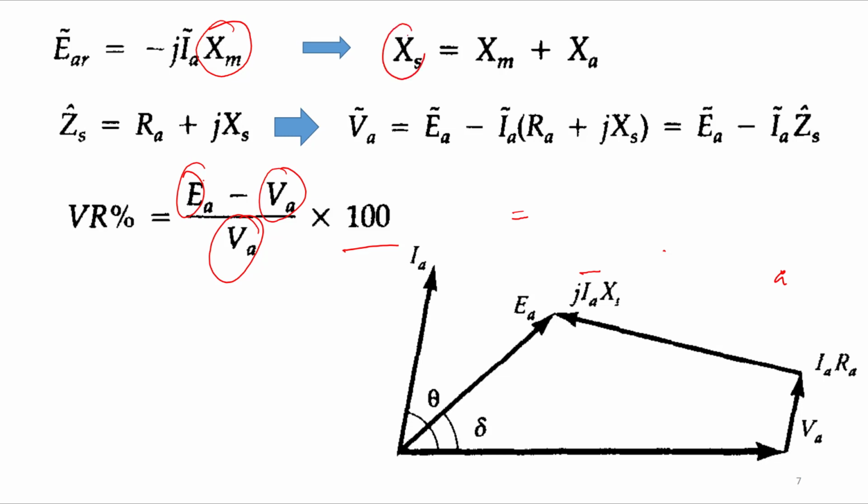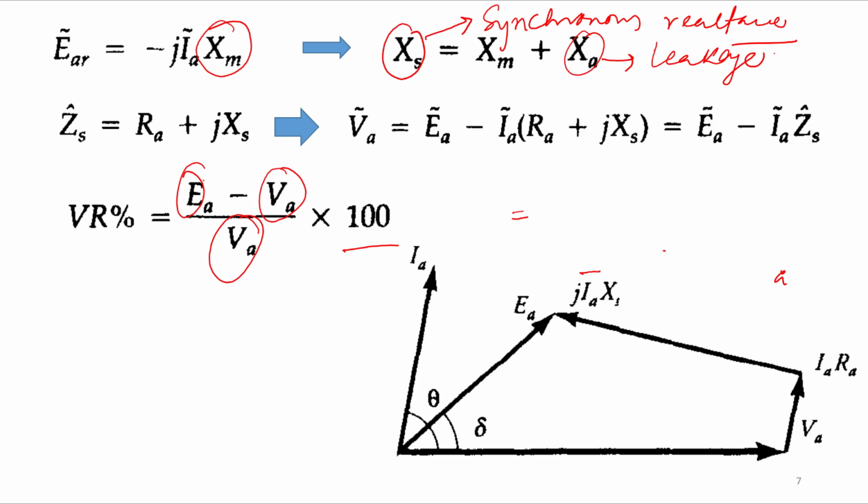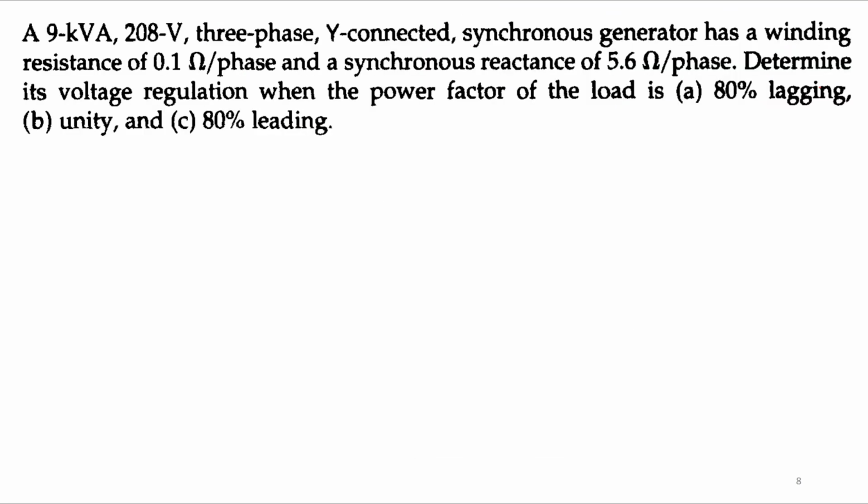And XS is sometimes known as synchronous reactance, and XA is your leakage reactance, and XM is your magnetizing reactance. It is similar to the transformer we have seen, right? Magnetizing reactance. So XS is your synchronous reactance.